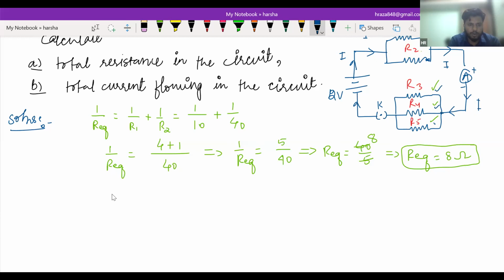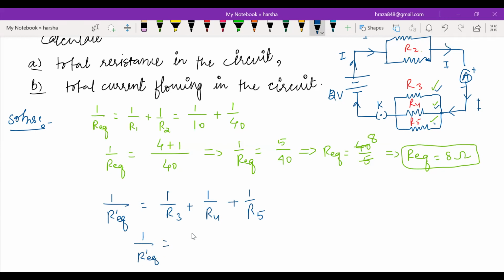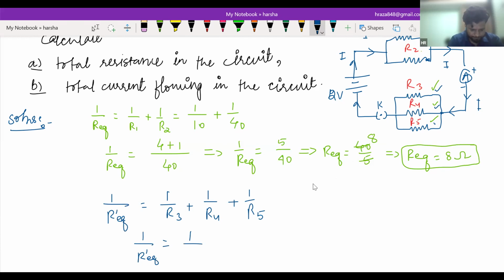1 upon R dash equivalent will be equal to 1 upon R3 plus 1 upon R4 plus 1 upon R5. Okay. Okay, sir. R3 has a value of 30, R4 has a value of 20 and R5 has a value of 60.